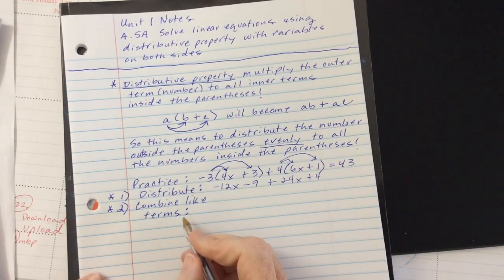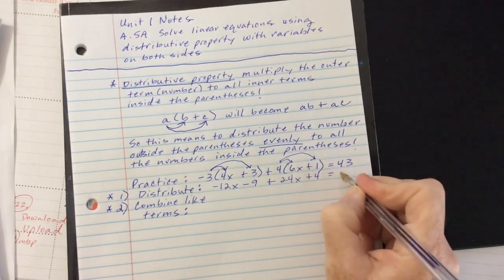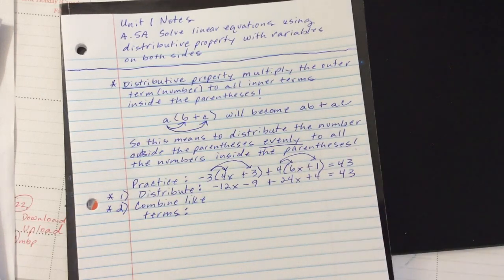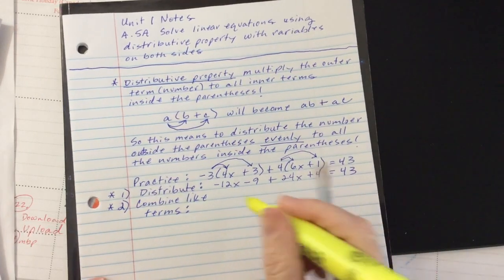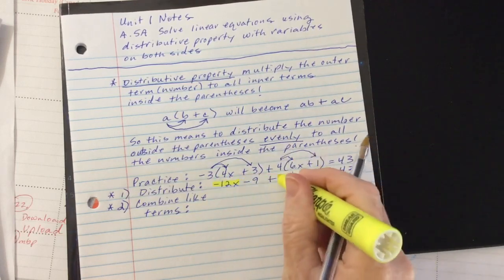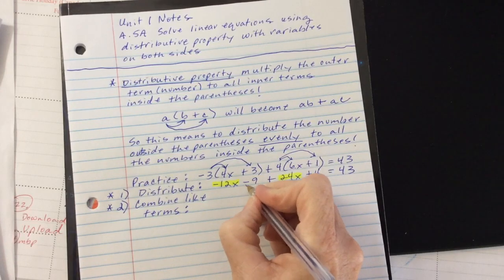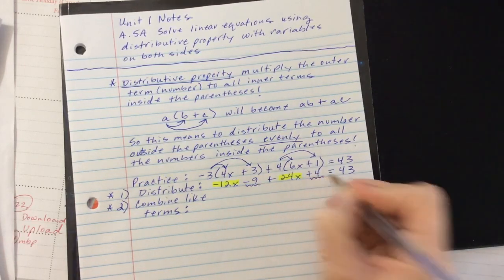Now we can combine like terms. So we know we have the numbers that have the variable next to them, and then we have just the plain numbers with no variable.